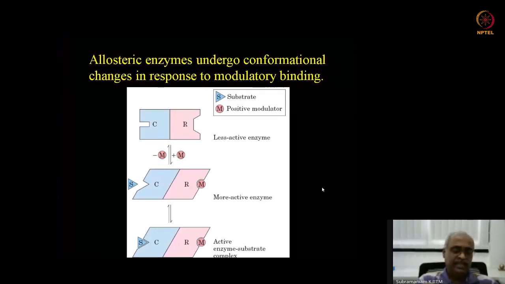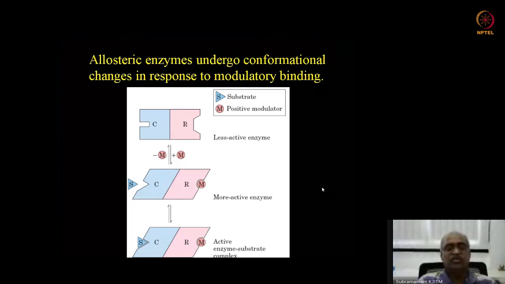In hemoglobin, multiple subunits are there, and for one subunit, the other subunit's active site is like the regulatory site, the allosteric binding site for the regulatory molecule. But otherwise, it is an active site.